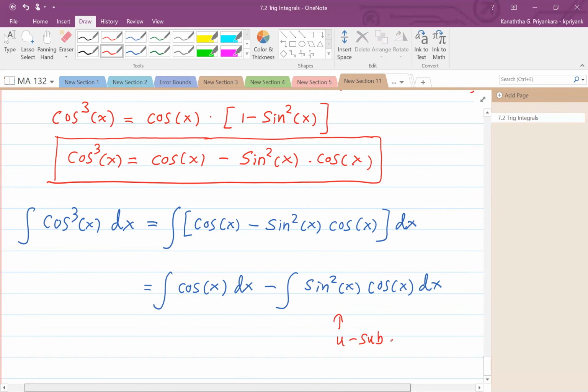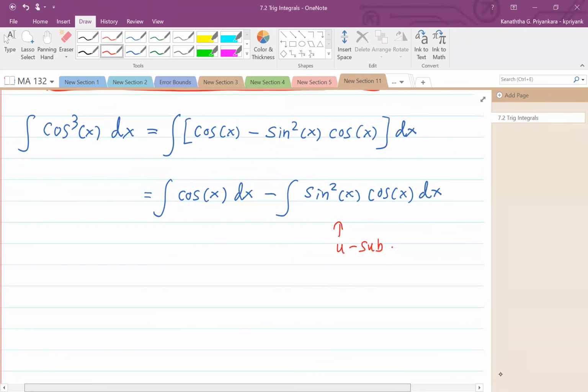I will do that separately, and then we can substitute it here. We can use u equals sine x, since sine squared is the most complex part, to simplify that. Then we can use substitution, u sub, for the second integral.